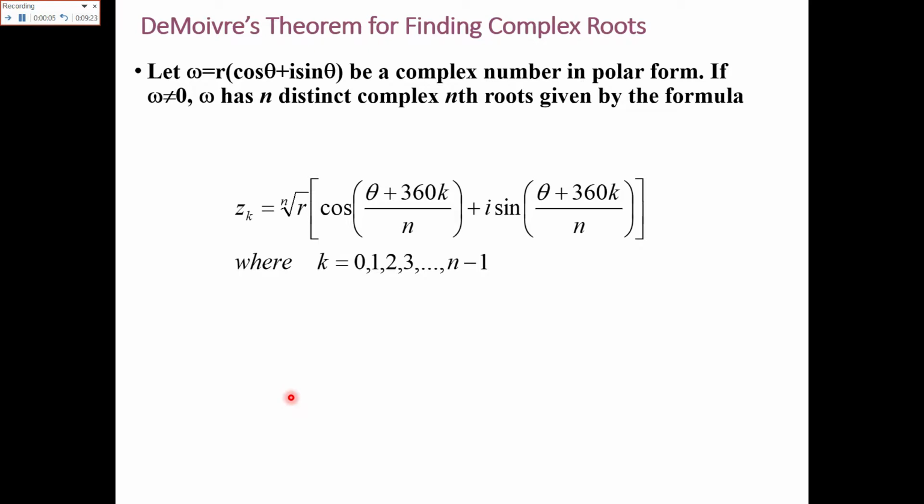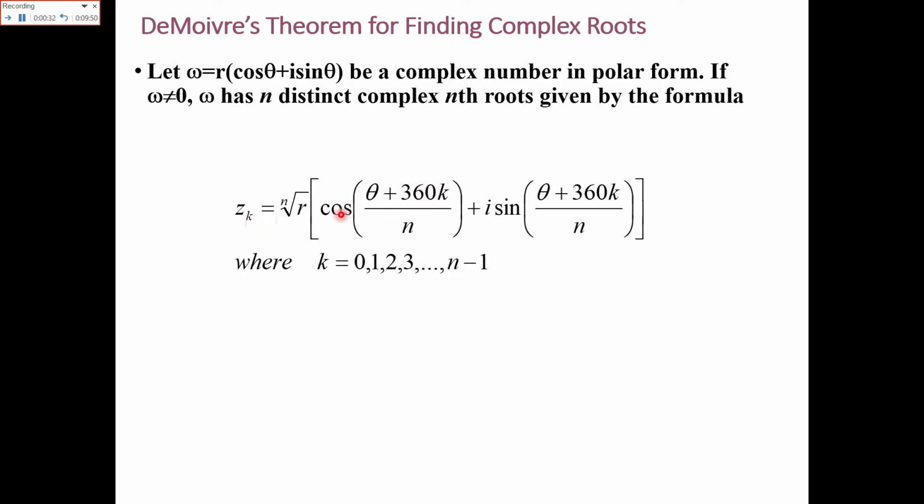Now the complex roots, as we have discussed in the previous slide: if w is equal to r cos theta plus iota sine theta is a complex number in polar form and w is not equal to 0, then w has n distinct complex nth roots given by the formula. The previous formula was for the angles in radians.